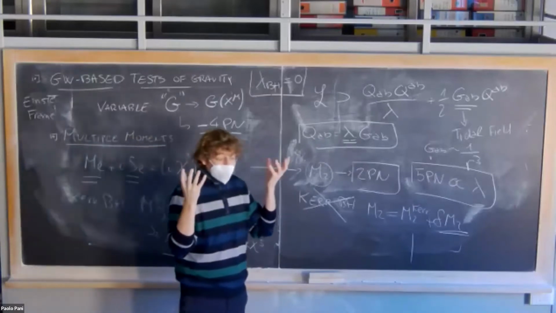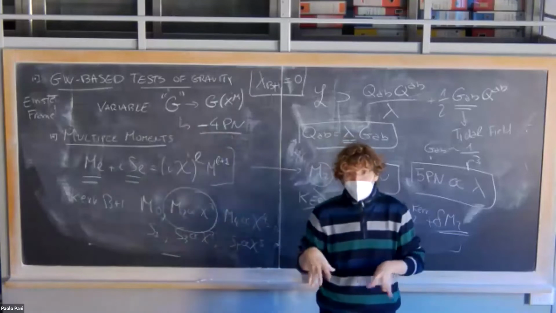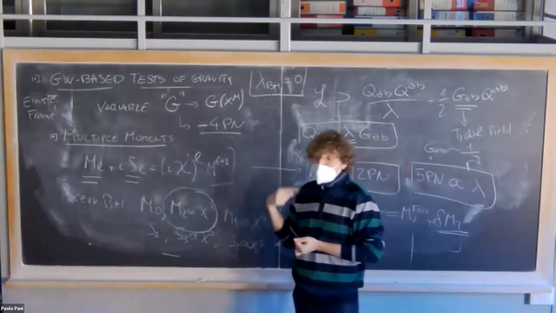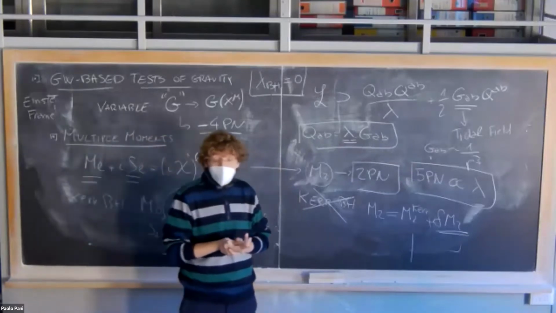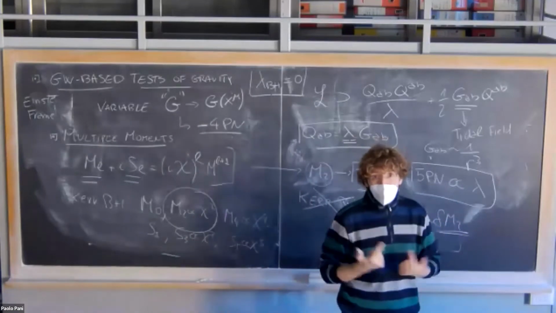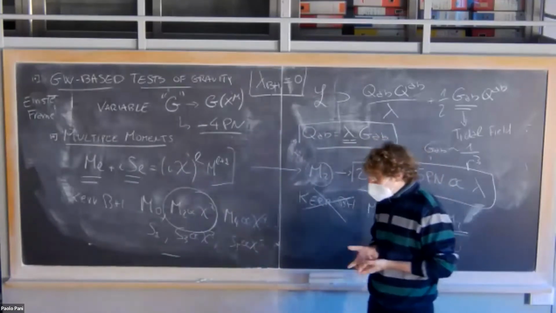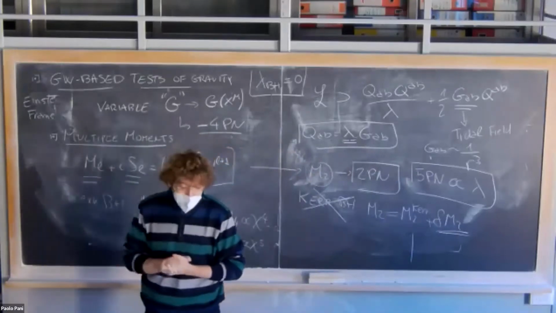So maybe we have the same black hole solutions, the geometry is the same, the geodesics are the same, but the way gravitational wave emission is computed is different, and this will change the fluxes and therefore the waveform. This is a possibility that might or might not occur.